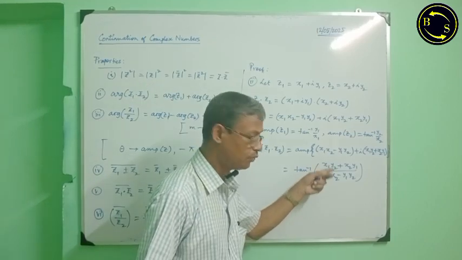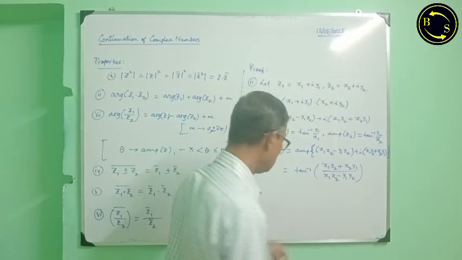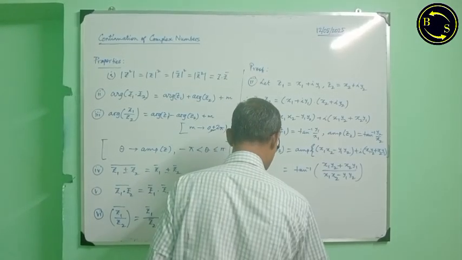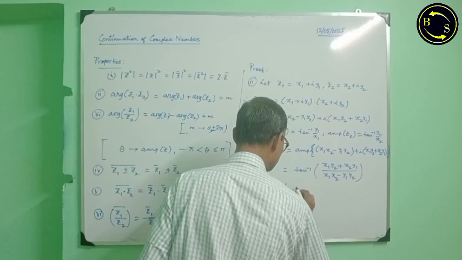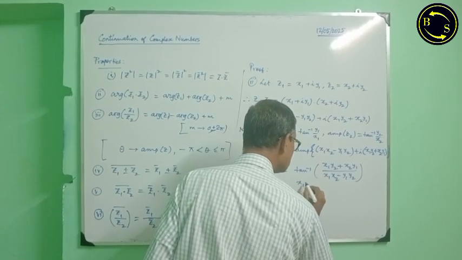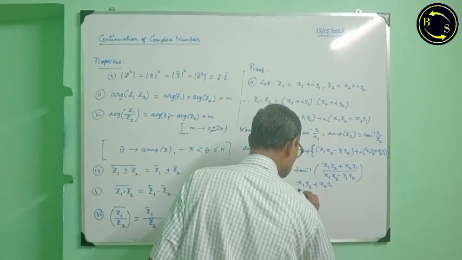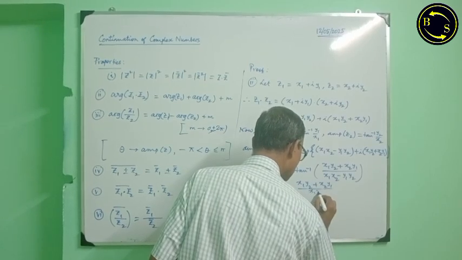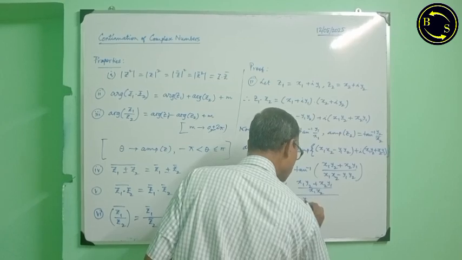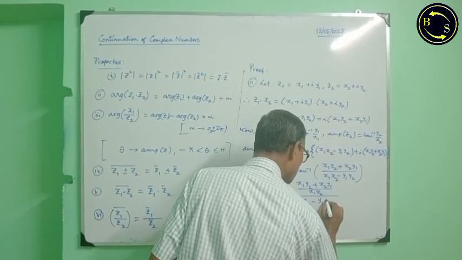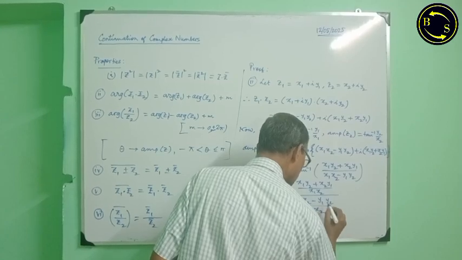Now I can divide both numerator and denominator by x1 x2: x1 y2 plus x2 y1 divided by x1 x2, and x1 x2 minus y1 y2 divided by x1 x2.